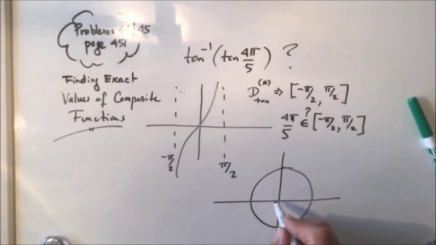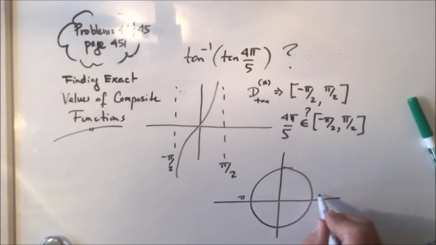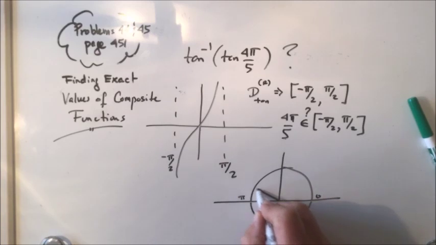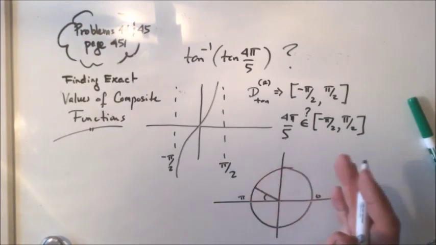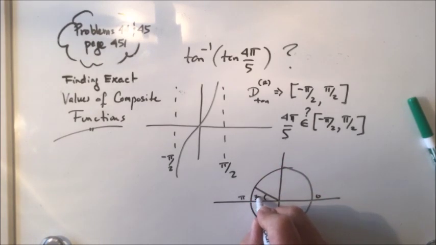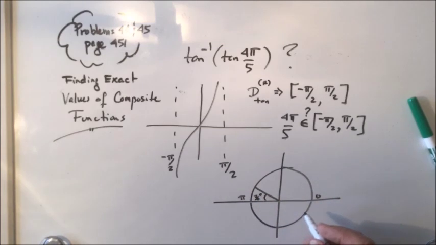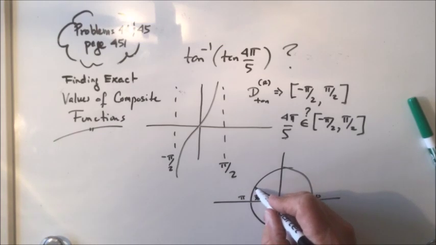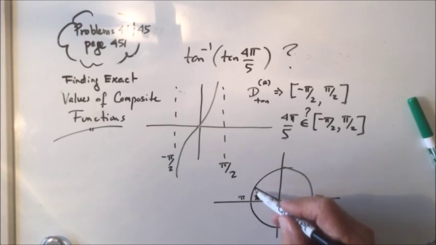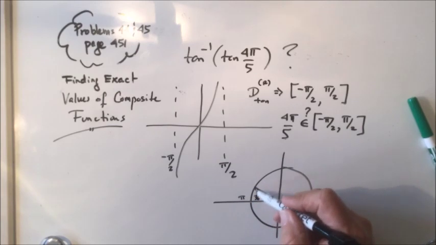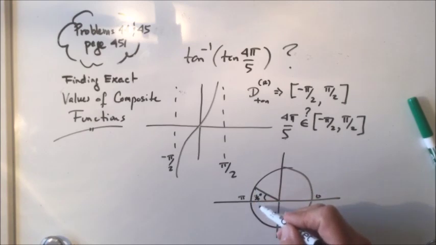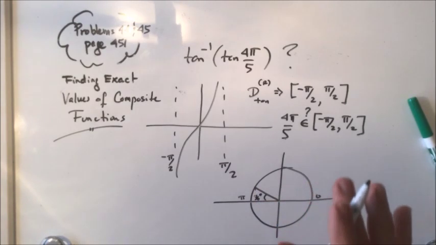Where is 4 pi over 5? Well, here's pi. And 80% of it is like this. And in fact, this little angle is then 180 divided by 5 is 36 degrees, I think. Pi over 5. And the tangent of this angle has a positive, what is that thing? Positive sine and a negative cosine. So the tangent is negative.